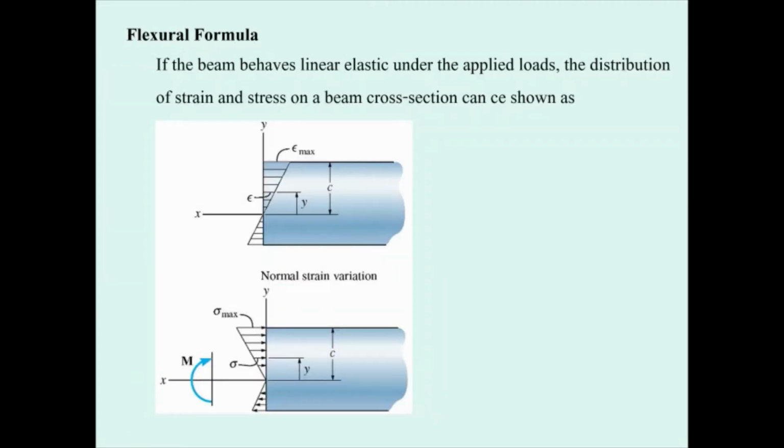If you put it in the model, the beam has linear elastic behavior under the applied load. The strain is going to have a linear distribution like this, and also the stress is going to have a linear distribution like this.